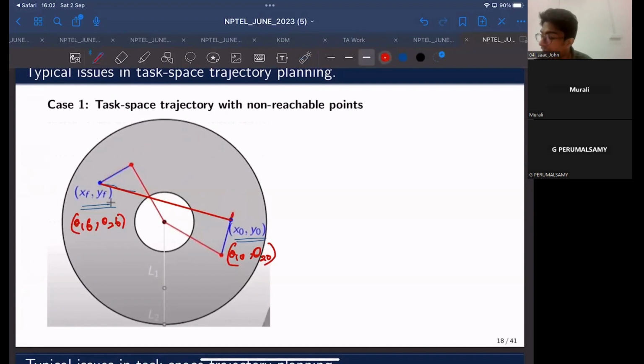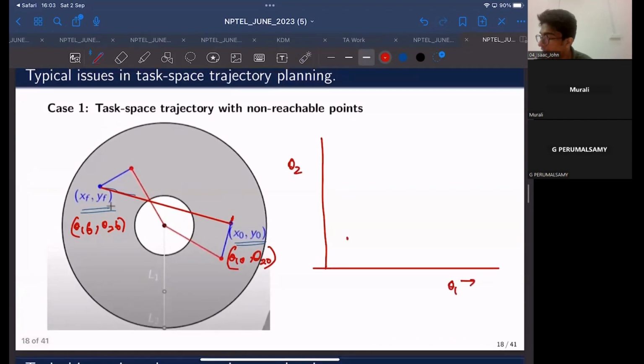If you are looking at a different space, if this is theta 2 and this axis is theta 1, you have initial theta 1, final theta 1, initial theta 2 over here, and final theta 2 over here. So the trajectory in joint space is also a linear interpolation, right?